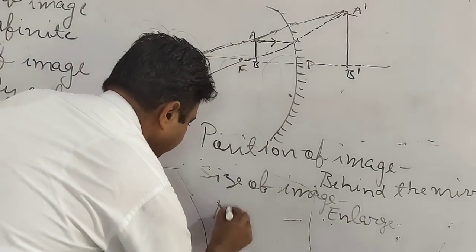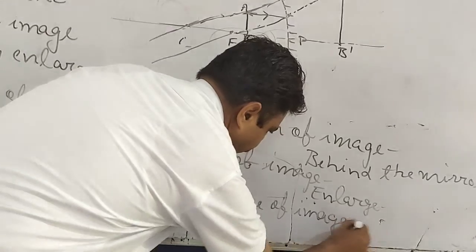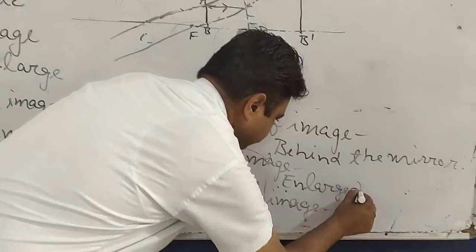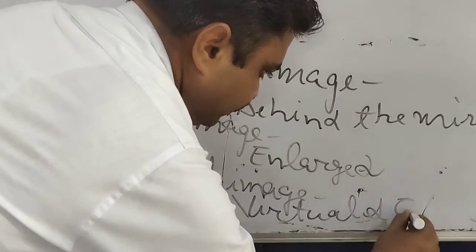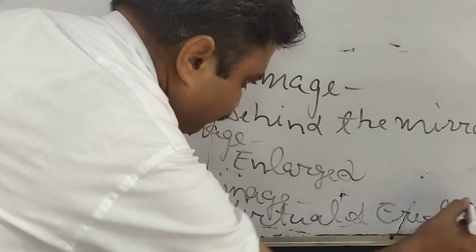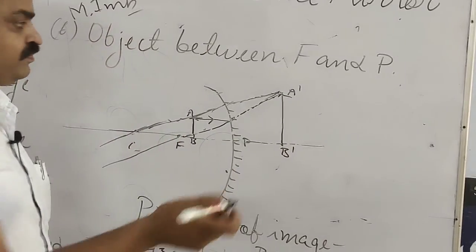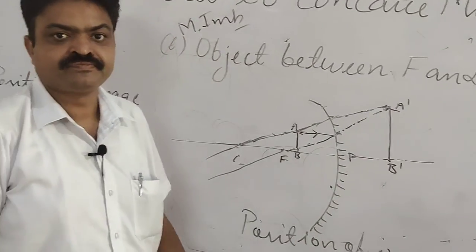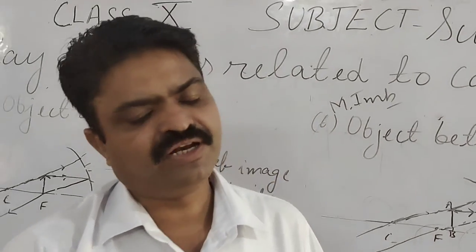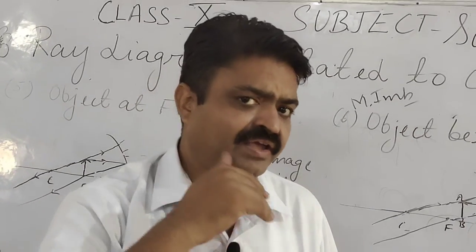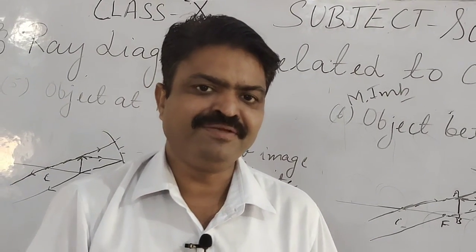Now nature of image will be virtual and erect, because the image is forming behind the mirror and it is erect. It is not opposite. So today we have discussed the ray diagrams related to the concave mirror, and I have also taught you the uses of the concave mirror. So you will learn it. Thank you very much and have a nice day.